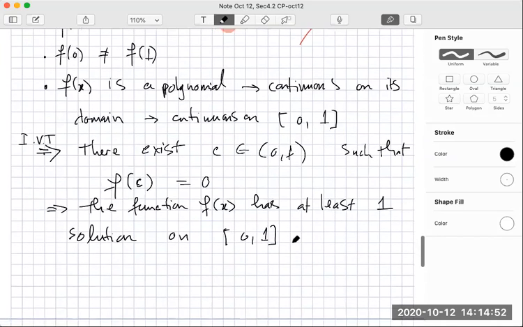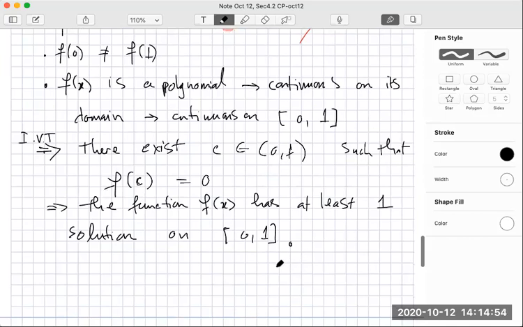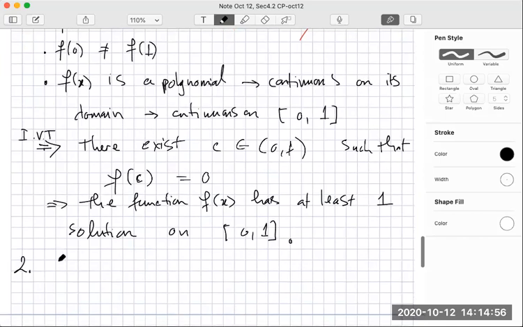We know that it has a solution. And the second thing we need to prove is the uniqueness. So now we prove by contradiction.